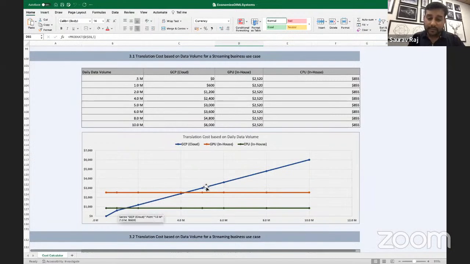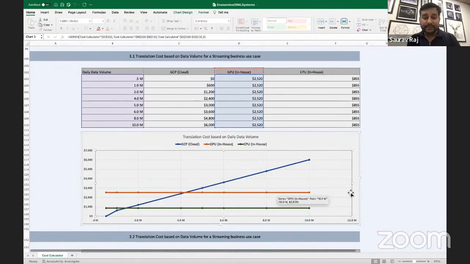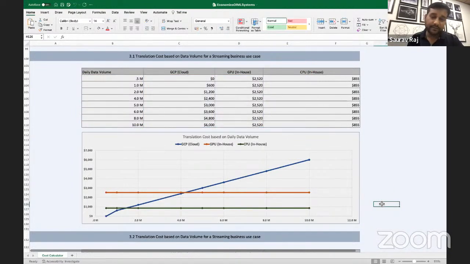So the blue line, which is GCP, is linearly increasing, because for every million characters you are going to pay $20, but when the solution is running in-house, till the time the traffic is well under the throughput limits, you're going to pay the same infra rental cost, and that is why it is flat at $2,500. And for CPUs also, in fact, it is flat at around $900, $800.